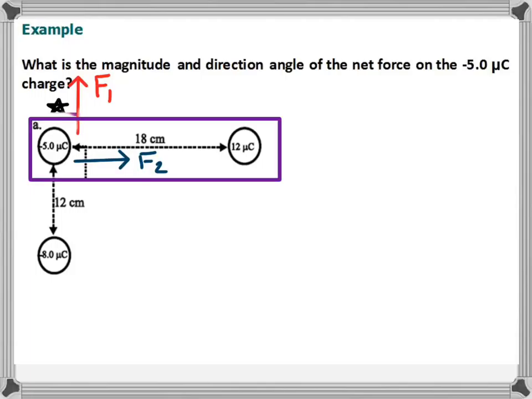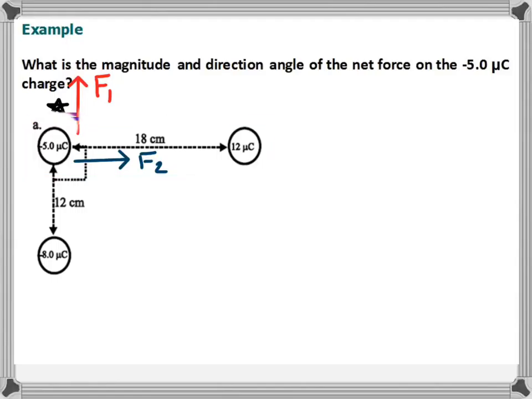And now I just need to figure out what the magnitude of those forces are, and I can do that using Coulomb's law. All right, we learned that in lesson 8.1, so if you need a refresher on using Coulomb's law, by all means go back to that video and I have some examples there.